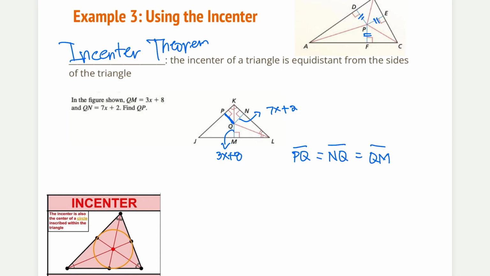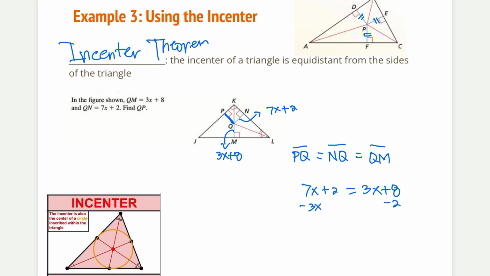Since we're finding the PQ and we were given the two sides, we can use the two lengths, which are line QM, which is 3x plus 8, and line NQ, which is equal to 7x plus 2. So using this, we can find x.